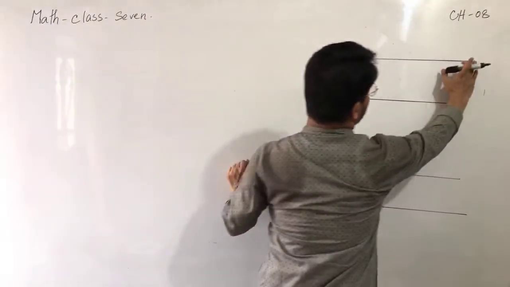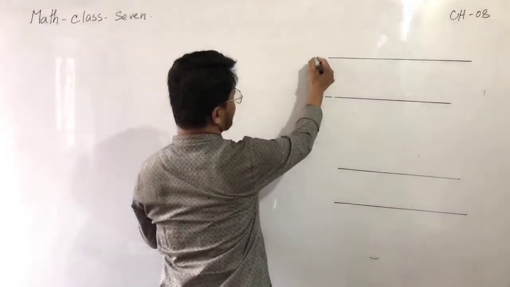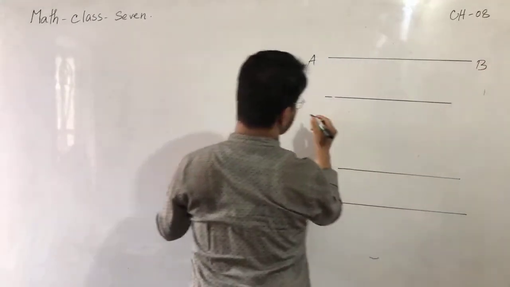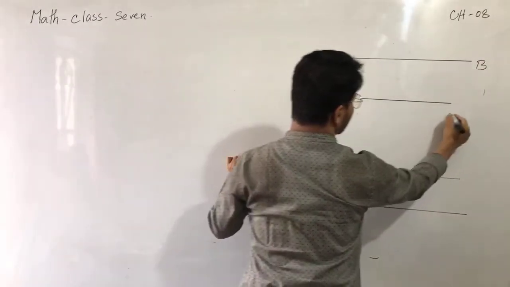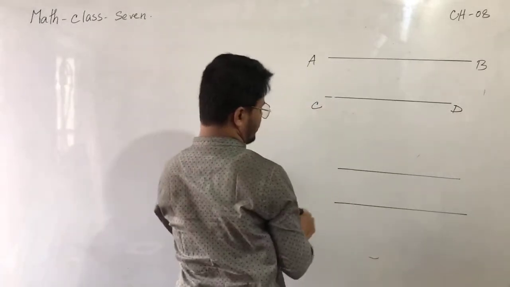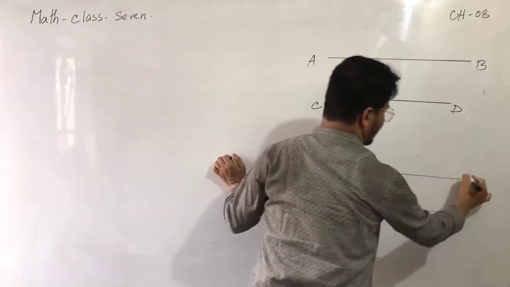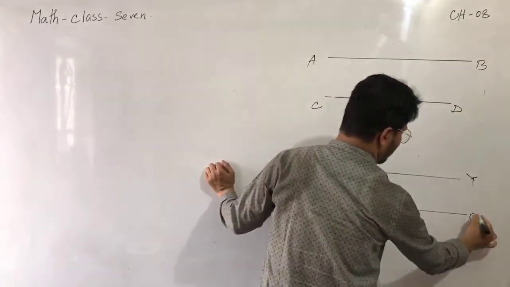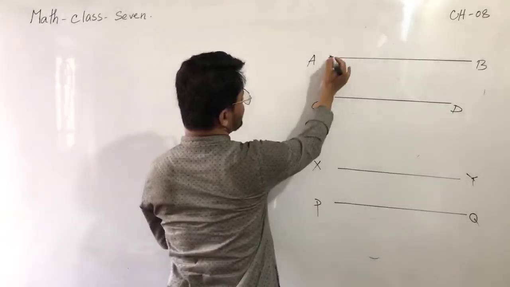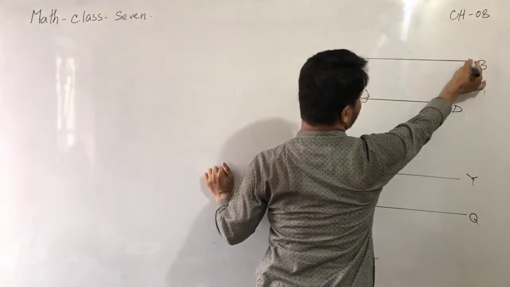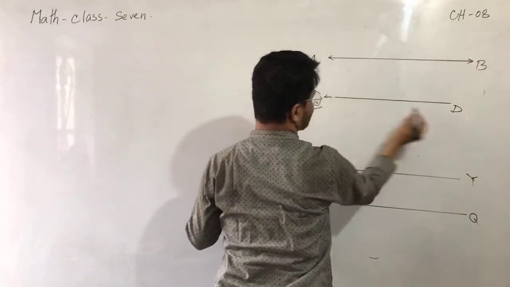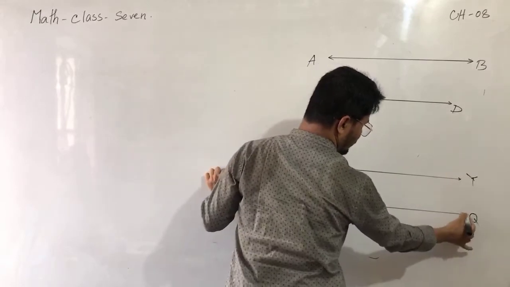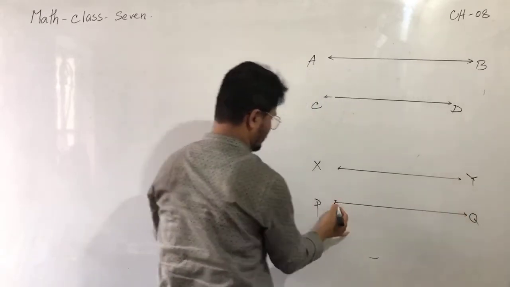So just use the first one. The ray is AB, and this is CD. You can use here XY. This will be P and Q. So my dear students, there are 2 rays, and there is also a ray here. You can use here infinite.